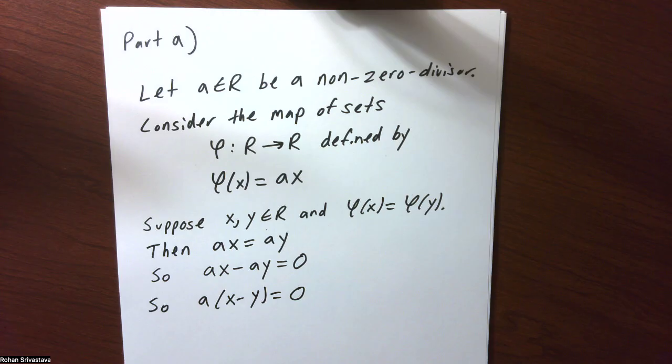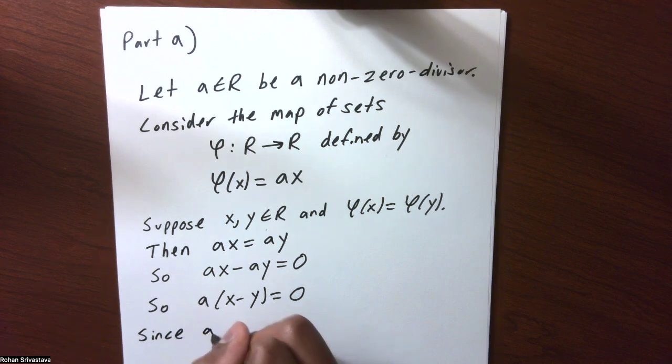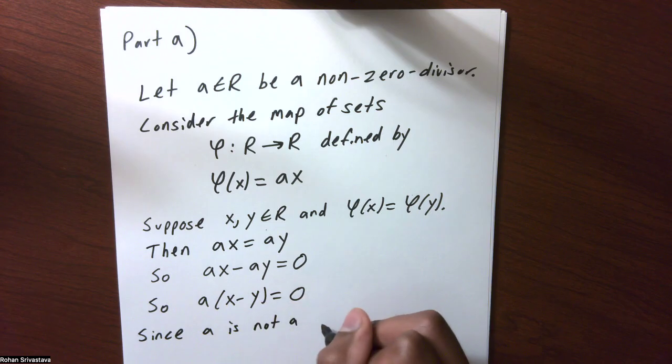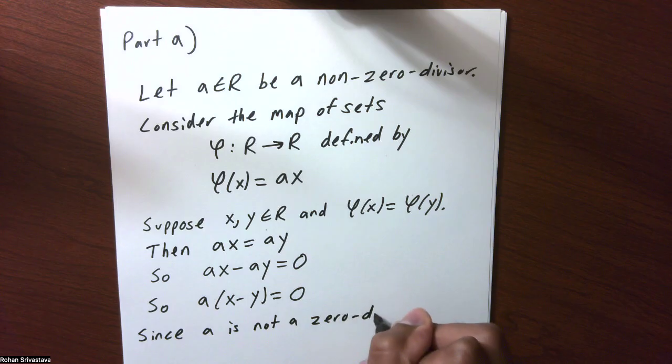And remember now that a is, by assumption, not a zero divisor. And note that 0 itself would be considered a zero divisor. It satisfies the definition of being a zero divisor.